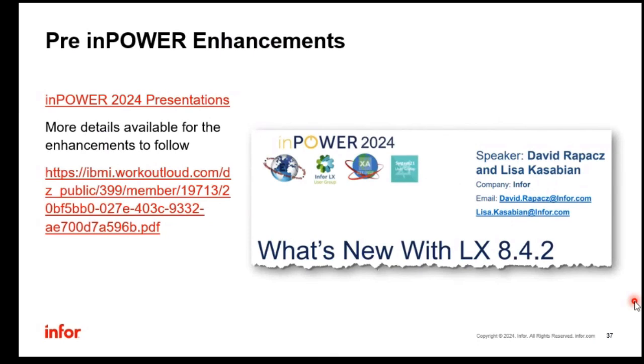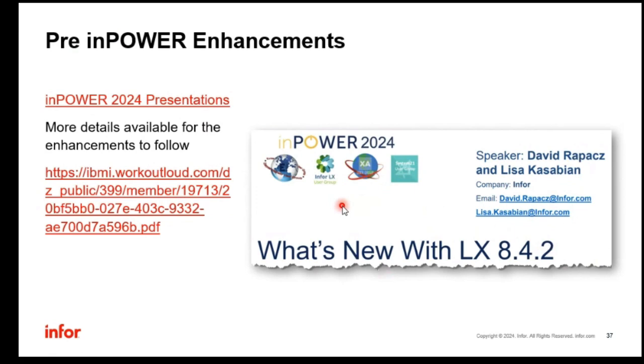But I do want to remind everybody, if you want to get more details about all of the 842 enhancements that were done post GA that I didn't cover today, that were covered at Empower, you have access to the Empower presentation through this link. And this is a direct link to this document that you're seeing here. So when we think about what's new with 842, I know we're kind of breaking this up, but we only have so much time, right?